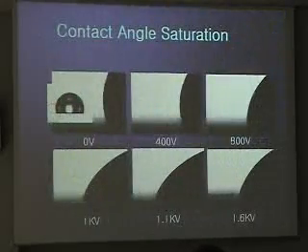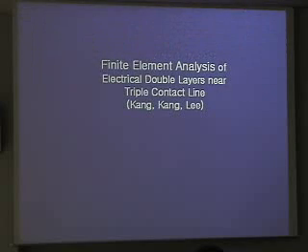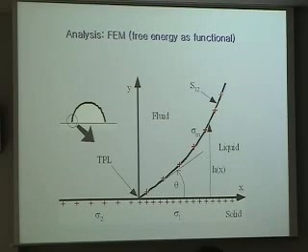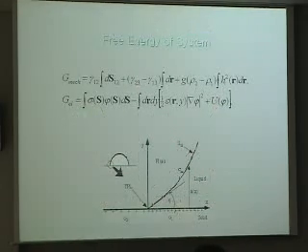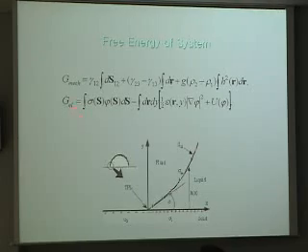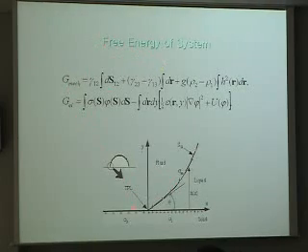So we took the picture. In recent times, we applied finite element to analyze that kind of effect. So this is the triple junction point. So we solved the Boltzmann equation by using the finite element method, and we computed the free energy of the total system.